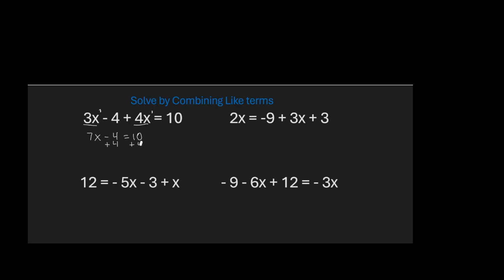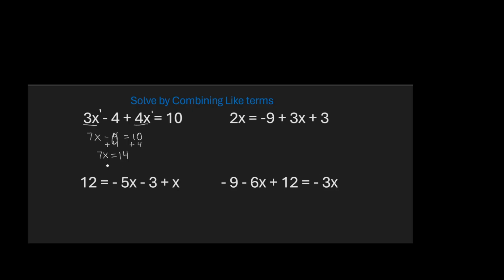Adding positive 4 and -4, that is going to be 0. That's how we're going to end up with 7x equals. On the other side, can you see that they have the same sign? Add it up and keep the sign. So that's how we're going to get 14.